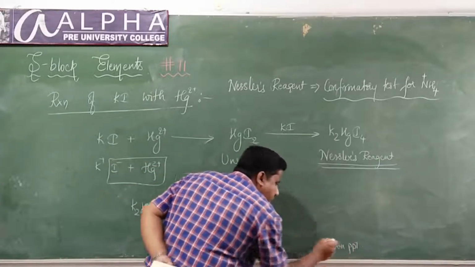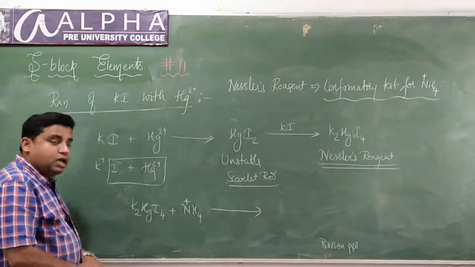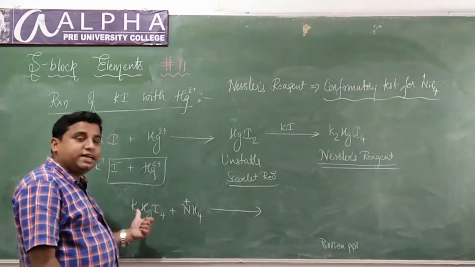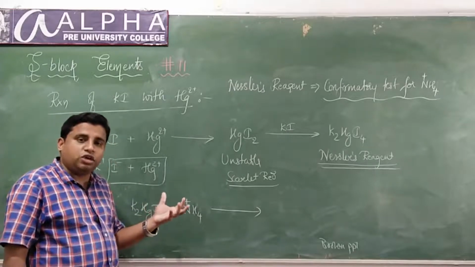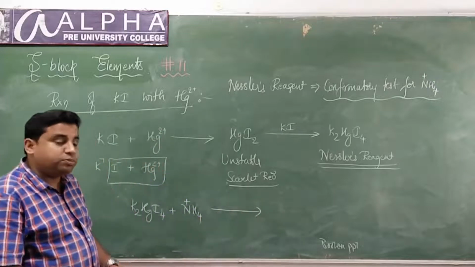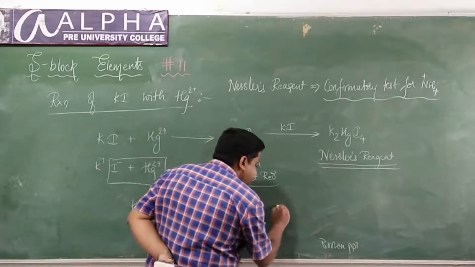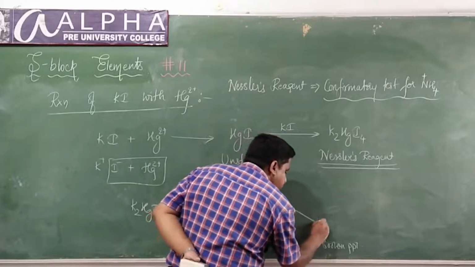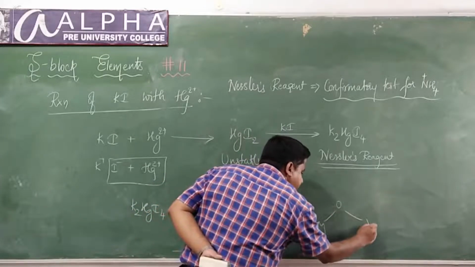I hope you have done this in salt analysis. To an aqueous solution of ammonium salt, you add Nessler's reagent and you get a brown precipitate. What is that brown precipitate? It is like this: NH4+, Hg, O, Hg.